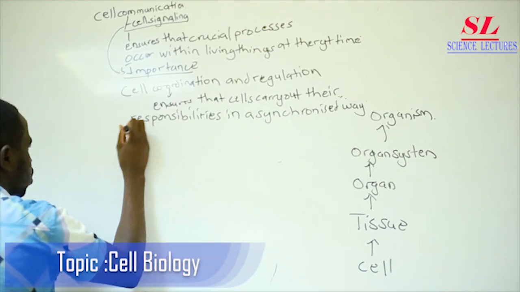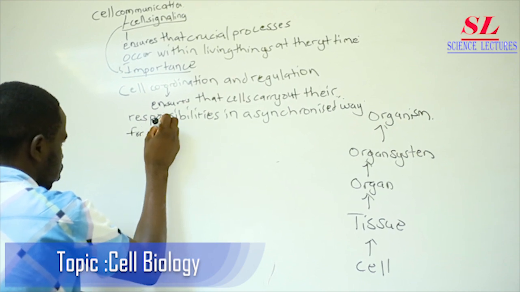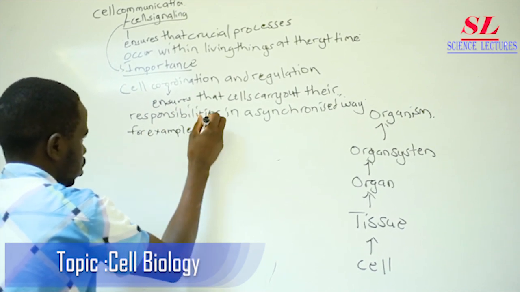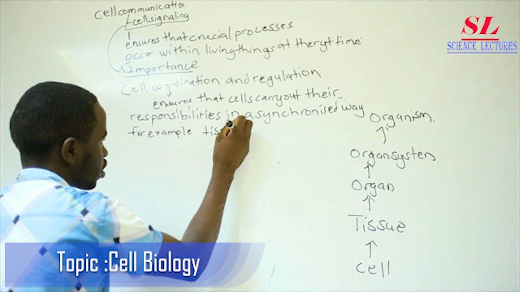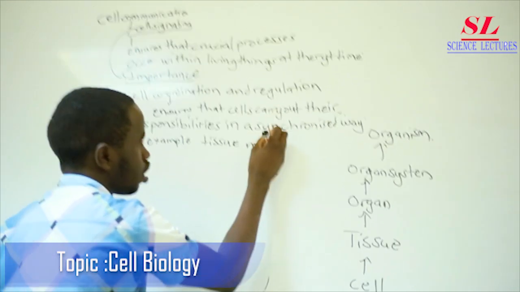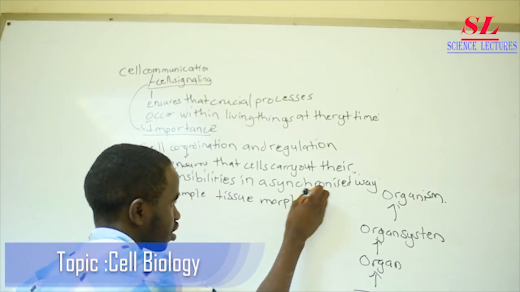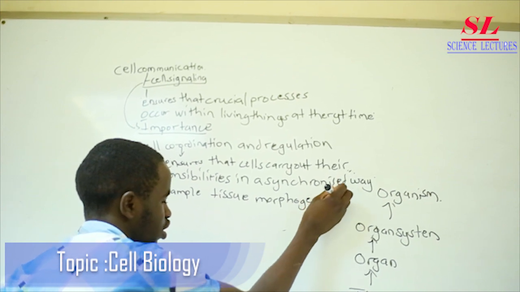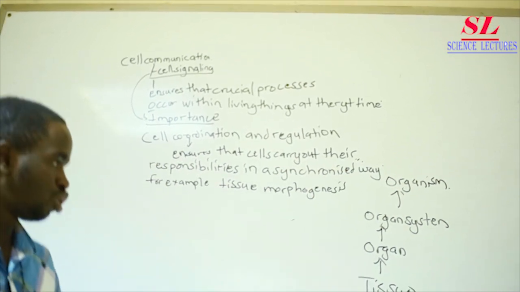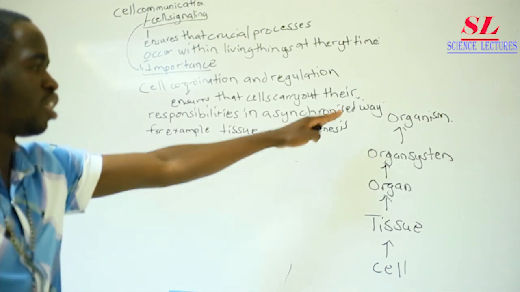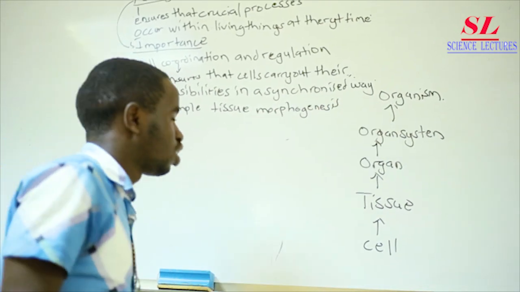For example, there is what they call tissue morphogenesis. Tissue morphogenesis is the formation of a tissue. Then the tissue shall later form an organ, then an organ system, then a complete organism.